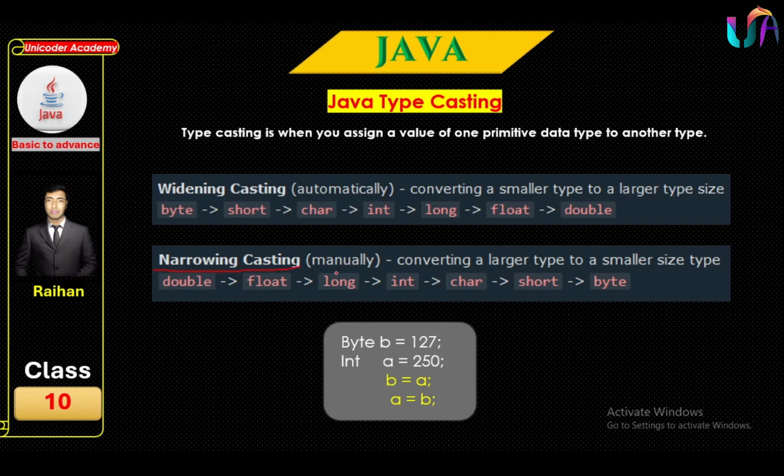I will clear it up when I work in NetBeans. Narrowing converts larger to smaller, so it will work with narrowing casting.